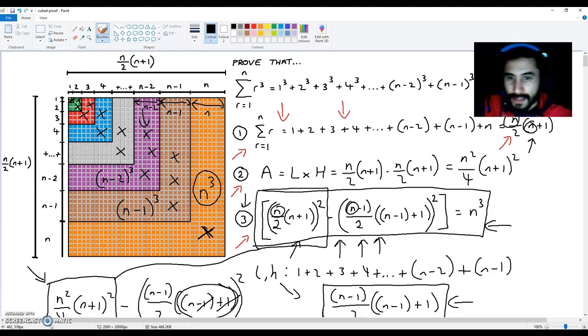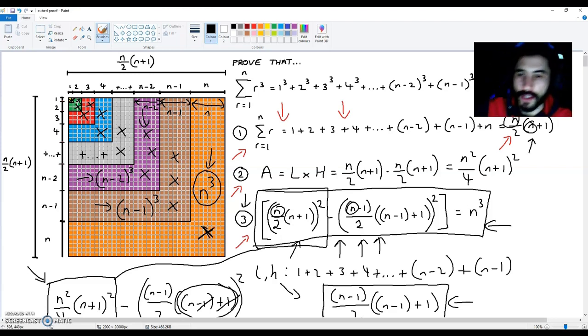As we can see, a pattern has emerged, or it had emerged previously, but now it's become even more apparent. Because here we have n cubed, here we have (n-1) cubed, and here we have (n-2) cubed. And we are getting closer to coming up with the proof. So we know that the area shaded in grey is going to be plus dot dot dot plus. We know that the area shaded in purple is (n-2) cubed.